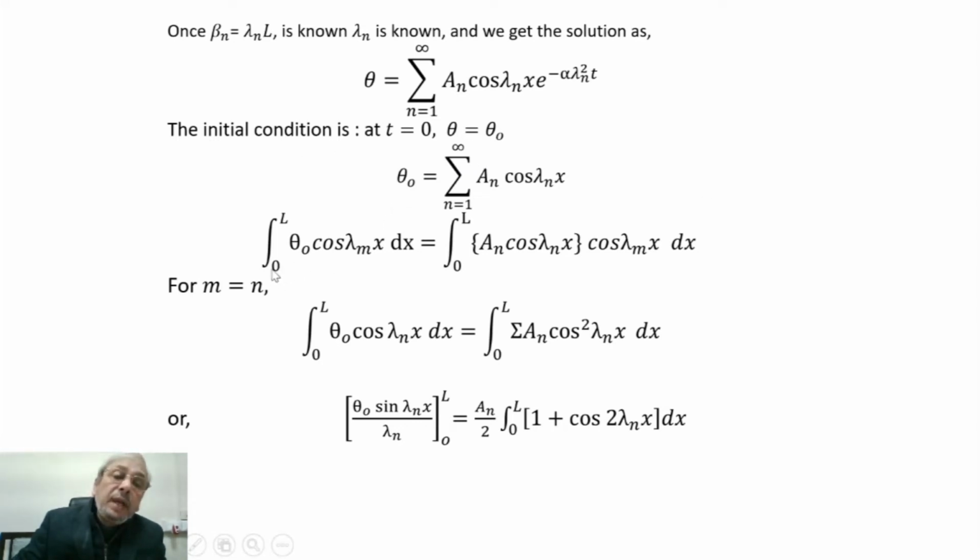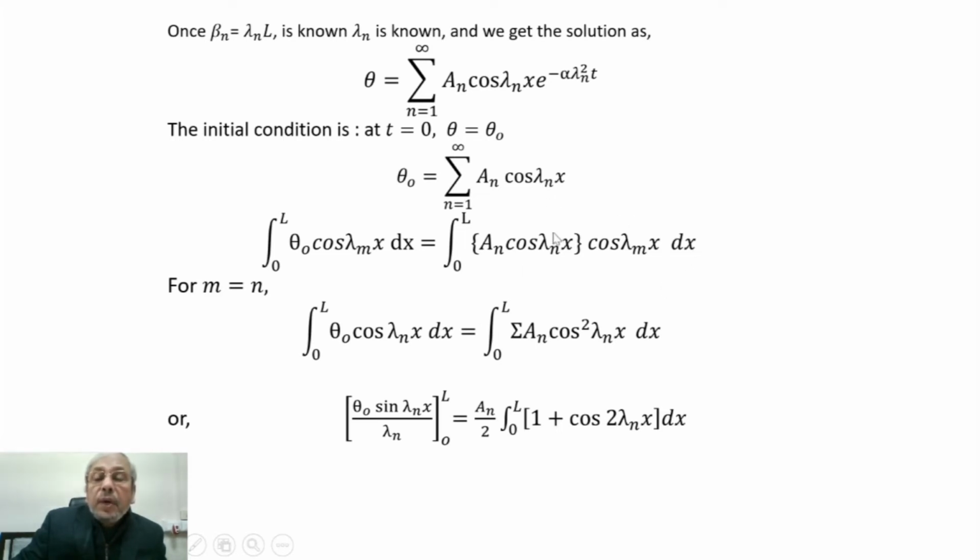So within the domain, between the lower limit and upper limit, we multiply theta naught by cos lambda m x dx, and we also multiply the series by cos lambda m x dx. And we know the property of orthogonal functions is such that only when m equal to n will it have a non-zero value.